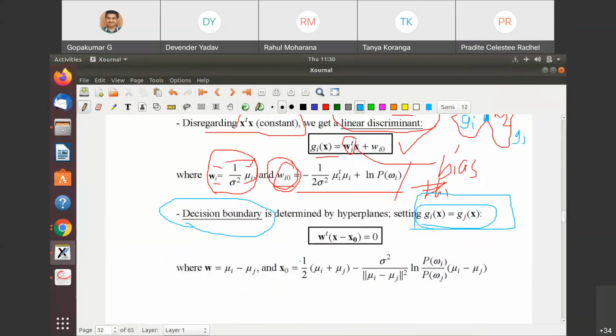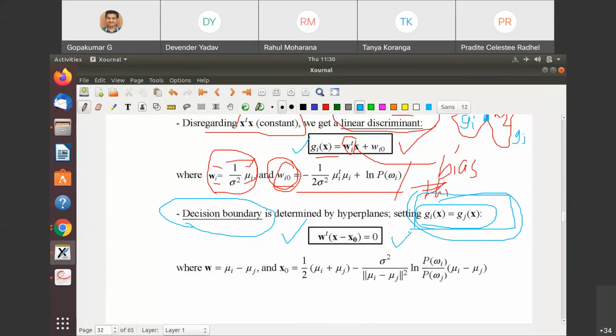If that is the case, suppose we substitute this gi of x and the corresponding gj of x into this equation, then we can make a rearrangement of this form: w transpose into (x minus x0) is equal to 0. So we can define the decision boundary like this.